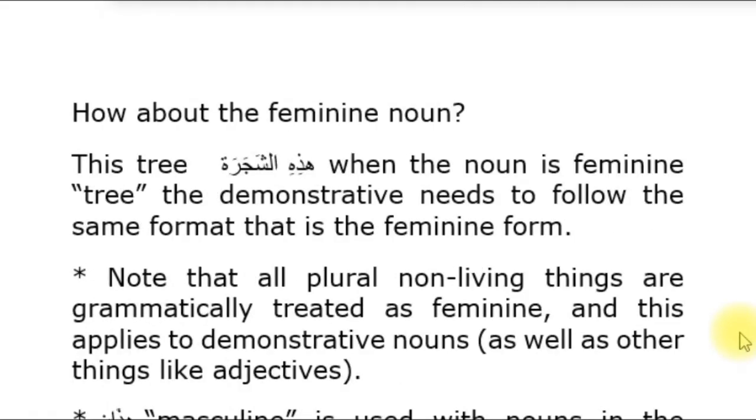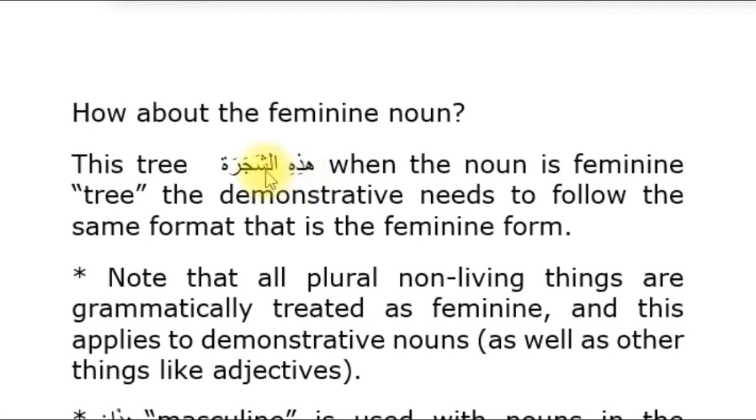How about the feminine noun? This tree in Arabic, الشجرة. Notice at the end of it, we call this ta marbuta. The sign here means that this noun is feminine. So once this is feminine, you need to place a feminine demonstrative. هذه شجرة.